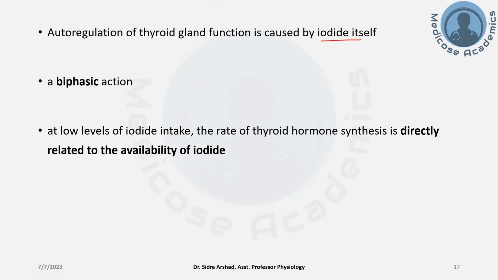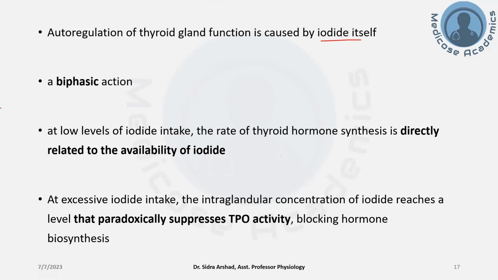It means that at low levels of iodide intake, the rate of thyroid hormone synthesis is directly related to the availability of iodide. That is, when the iodide levels are normal at the lower range, the thyroid hormones are synthesized, almost directly proportional to the iodide present inside the cells. However, at excessive iodide intake, the intraglandular concentration of iodide reaches such a level that there is a paradoxical suppression of thyroid peroxidase activity.